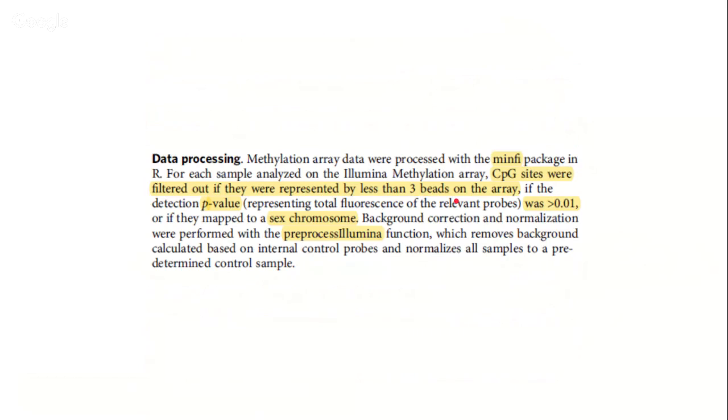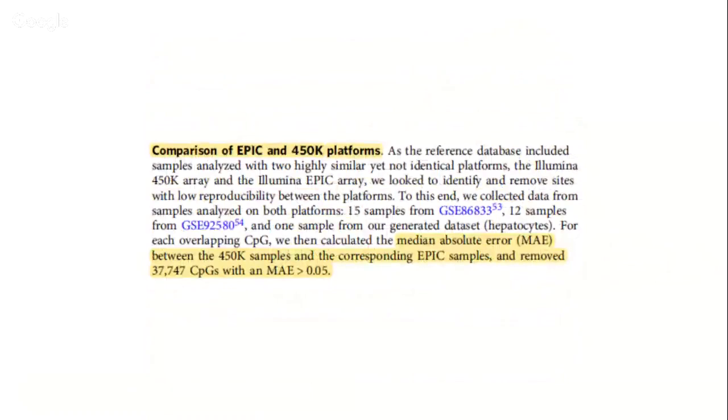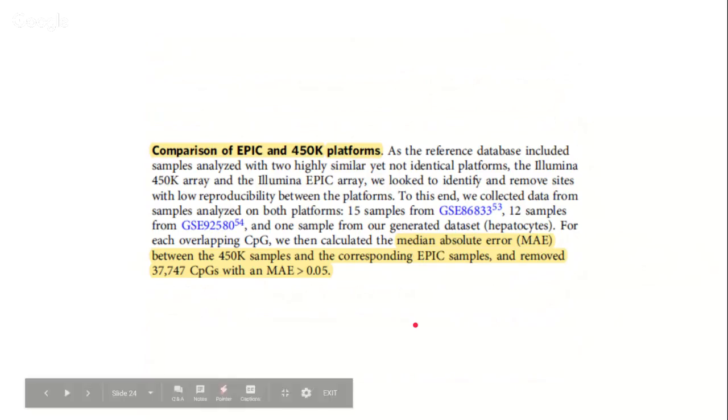And then the p-value of the luminescence detection threshold was 0.01. They performed the preprocessIllumina function to filter out this background. They compared the 2 arrays, the EPIC and the 450K array, and they used the MAE to discard the CpGs that weren't compatible between the 2.